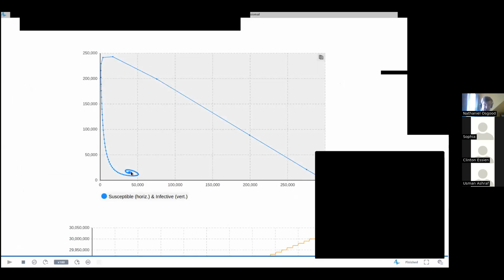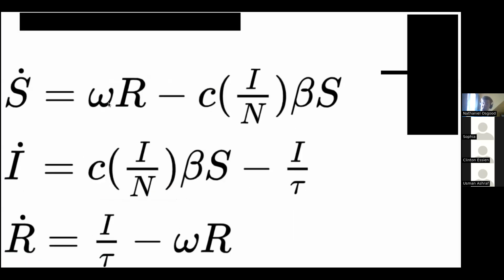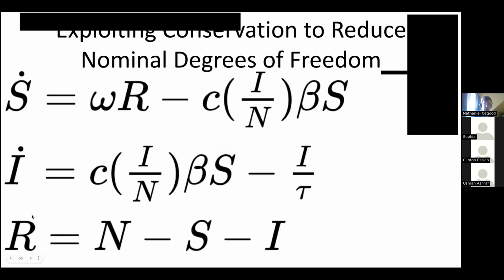You solve for the values of S, I, and R in terms of constants on the right-hand side. What are those constants? They're the values of the parameters: C, omega, beta, tau here, and N, the total population, for which S dot equals I dot equals R dot equals 0.